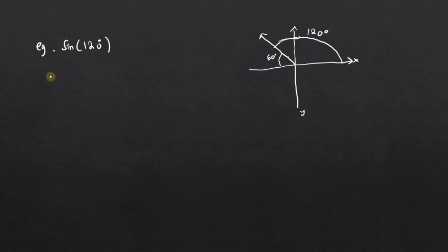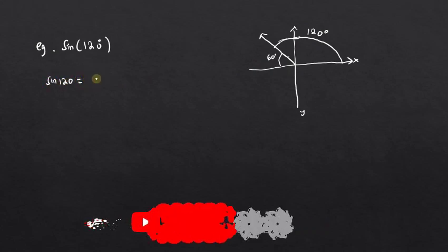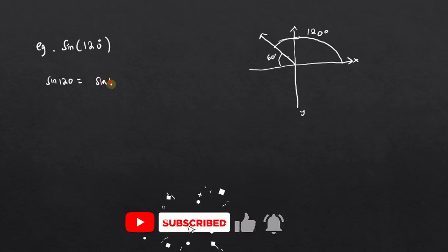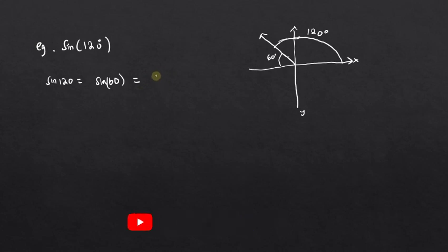So the sine of 120 degrees will be equal to the sine of 60 degrees. When you compute that, you are going to get square root of 3 over 2. From the previous lessons, we found how to solve this from first principles, so please refer to that video. I'll put it in the description.